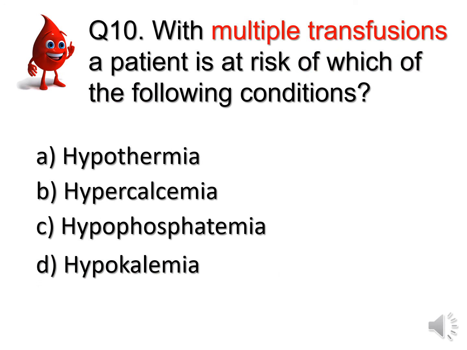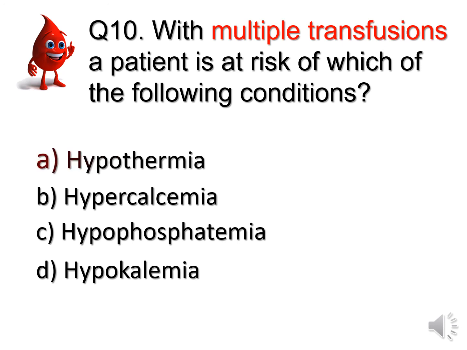With multiple transfusions, a patient is at risk of which of the following conditions? Hypothermia, hypocalcemia, hypophosphatemia, or hypokalemia? The correct answer is hypothermia.